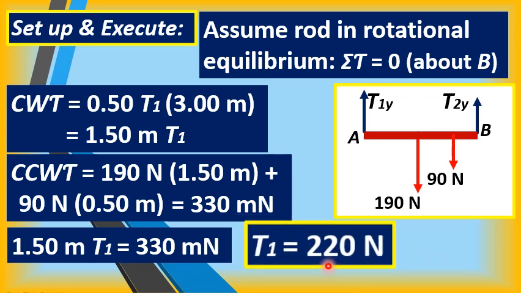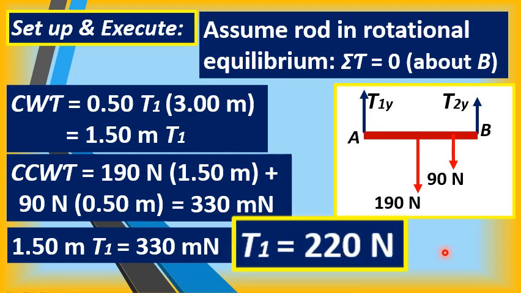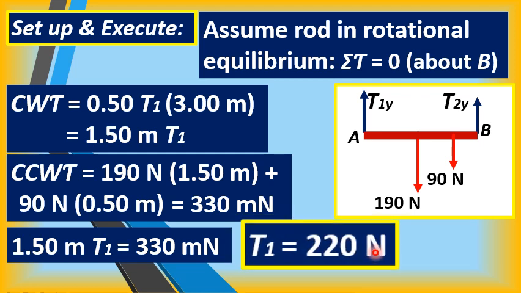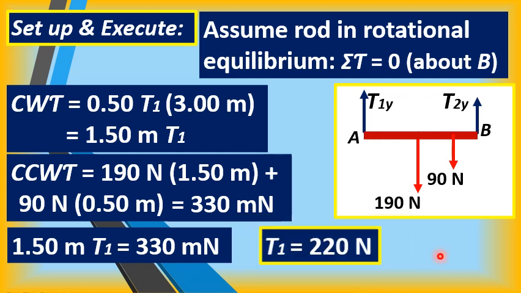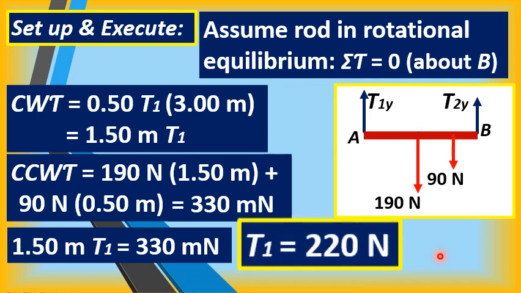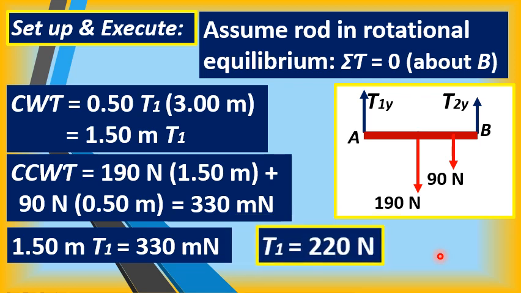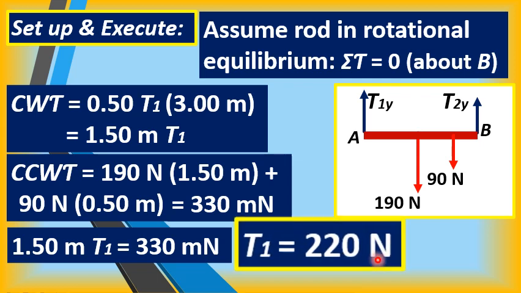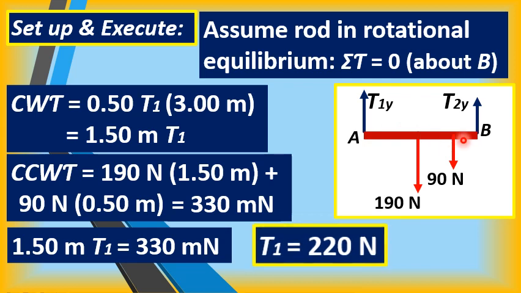This is the force exerted by the left rope on the rod, whose direction, as earlier mentioned, is 30 degrees with respect to the negative x-axis, or 150 degrees from the horizontal.